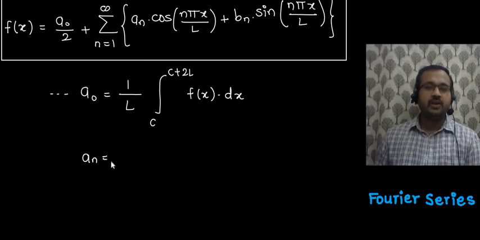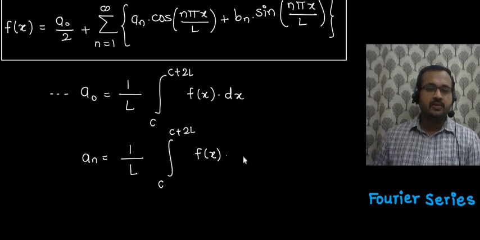Then the second Fourier coefficient an is evaluated by using the formula 1 upon L into integration from c to c plus 2L of f of x multiplied by cos n pi x upon L, with respect to x.